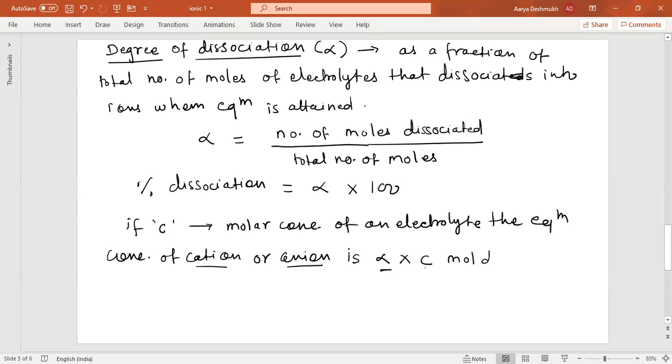And the unit for this will be moles per dm cube. So this is about the degree of dissociation and the percentage dissociation.